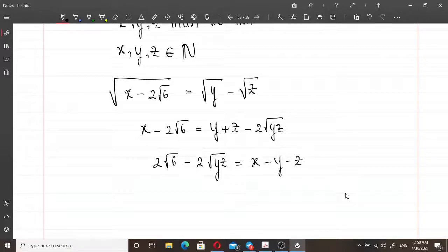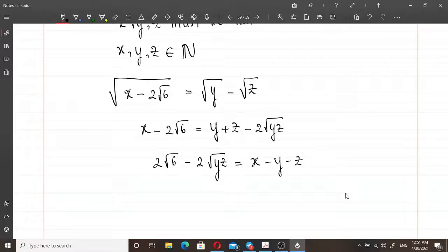So we can consider x minus y minus z as an integer, because these three roots are natural numbers. Sometimes y is greater than x, and z is greater than x and y. So when we compute x minus y minus z, it will become an integer number.